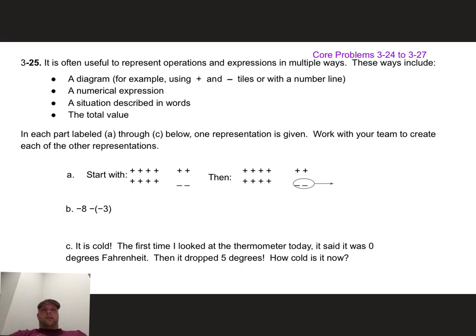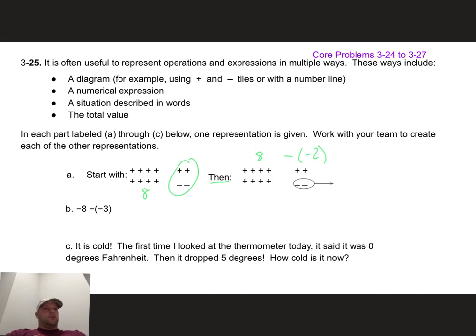All right, we're going to take a look at some examples, again just trying to give you a visual on this so you have an understanding. Looking at A, I have 8 positives, but then I have a 0 pair here, so that doesn't do anything to my answer. When I go to this, I end up with 8 positives, and it looks like I'm subtracting a -2.